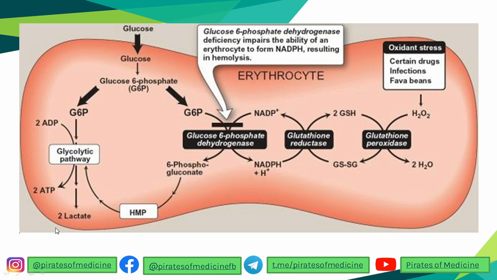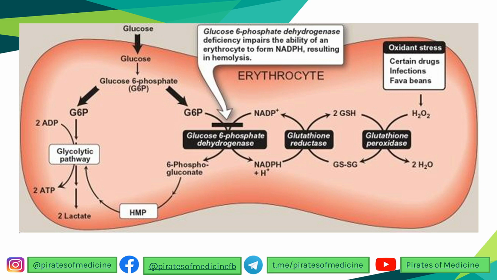It enters the HMP pathway, and from there various substrates are formed which enter the glycolytic pathway, and ultimately ATP is produced. Now the HMP pathway is connected to the glutathione complex, and the glutathione complex, you should already know, is an important antioxidant enzyme complex present in our body, and it helps to reduce oxidative stress.